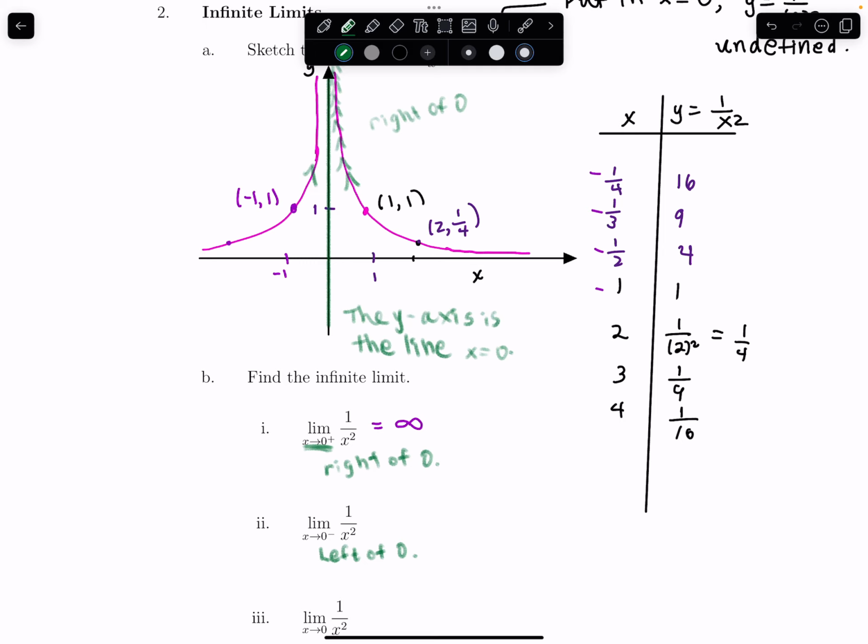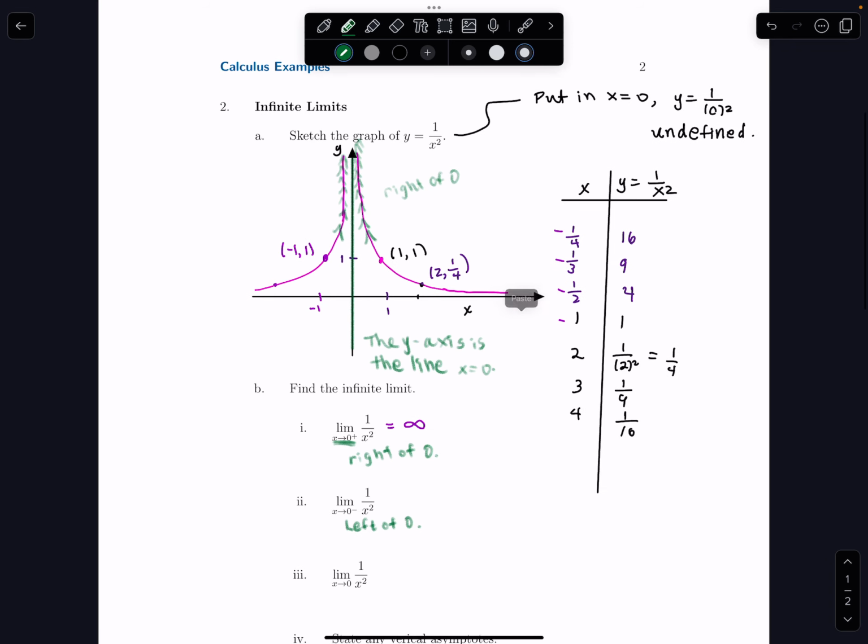So I'm looking to the left of 0. How do I know that? Because I have this x arrow meaning approach 0, and this little minus means come from the left. In the graph, it means I draw arrows along the curve where the x coordinates are getting closer and closer to 0 but are negative, and they just keep going up and up. Therefore, up and up means infinity.